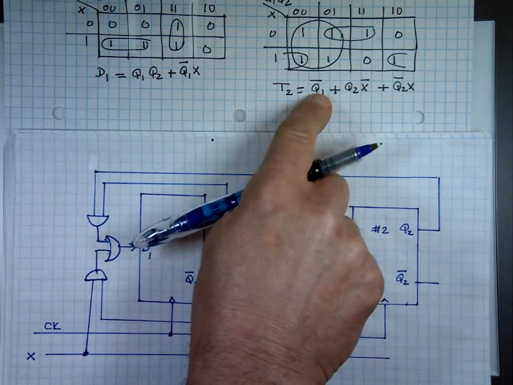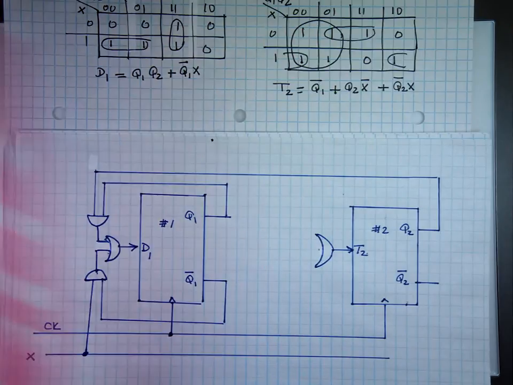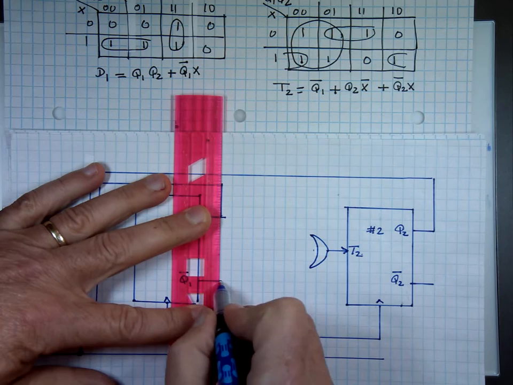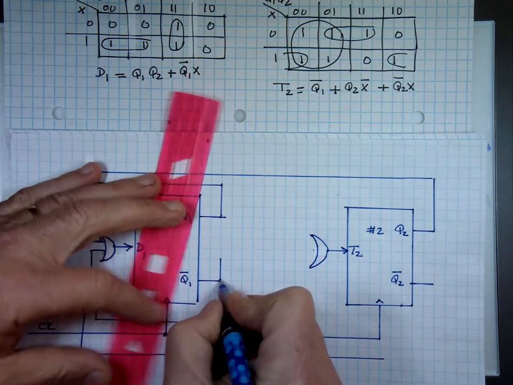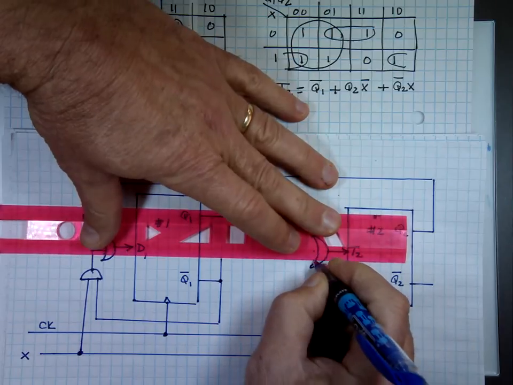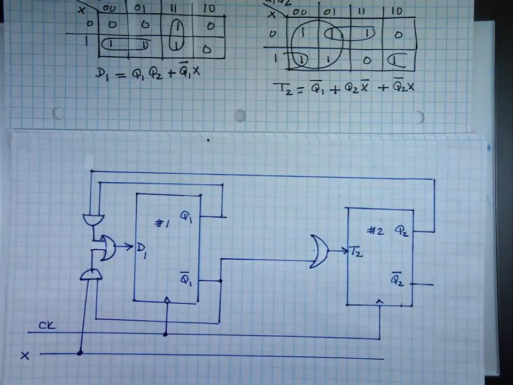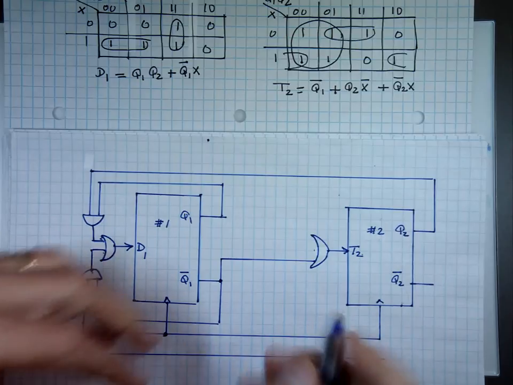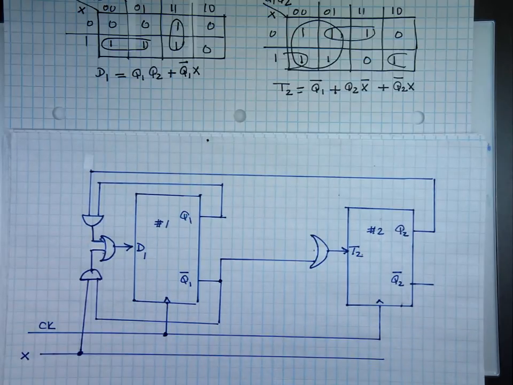So let me take Q1 naught, move it up there higher, and feed it to this one. The other one, Q2 and X naught. Where's Q2? Right here. So I need an AND gate. Q2 and X naught and Q2 naught.